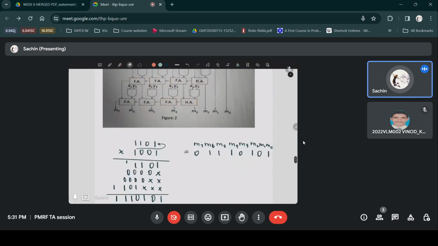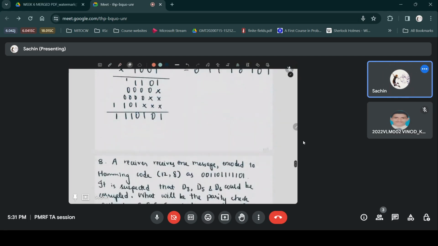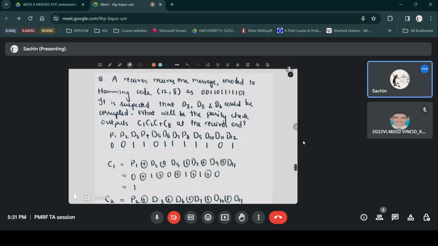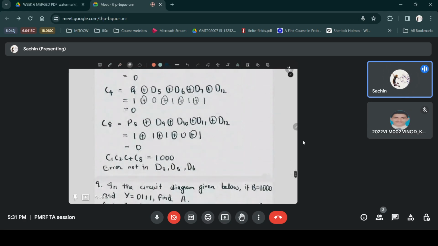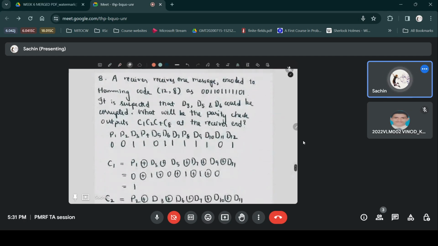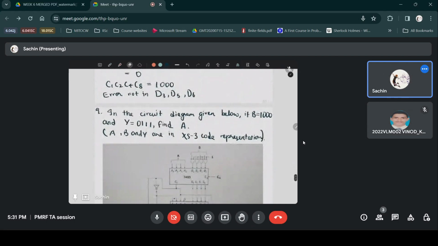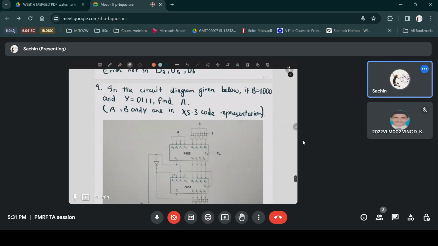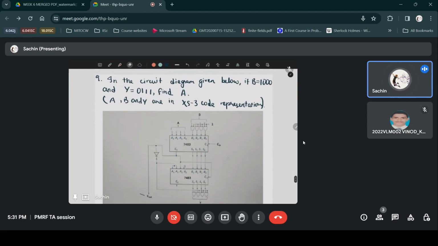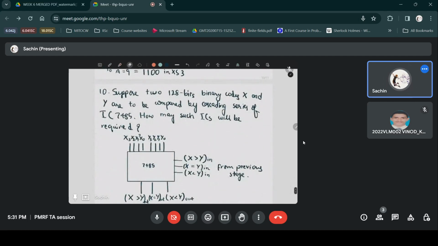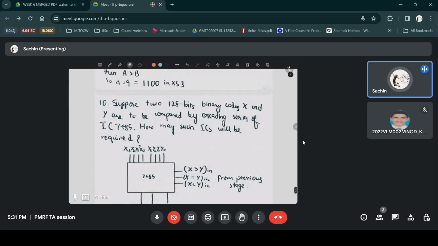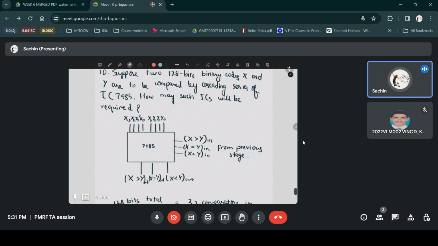Specifically, we saw 4-bit binary multiplication. Eighth question, we saw how to check for errors when you receive a Hamming code word. Ninth question, we saw subtraction in excess 3 numbers. 10th question, we saw magnitude comparators using cascade of smaller magnitude comparators.